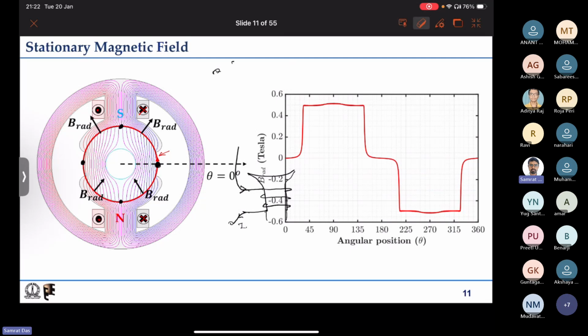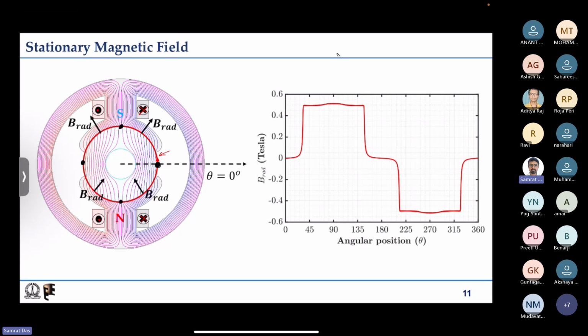I'll remove this portion for better visibility. This is how the B or flux density is distributed in the air gap. As you can see, under the pole, that is, this is 90 degrees, and on two parts of this pole you have some non-zero flux density, right?